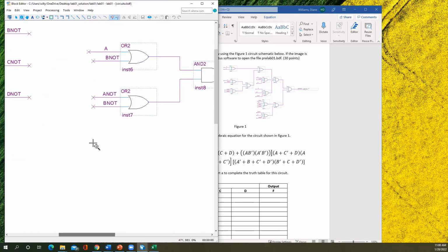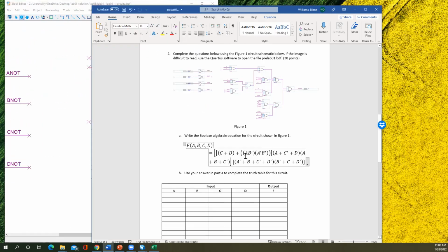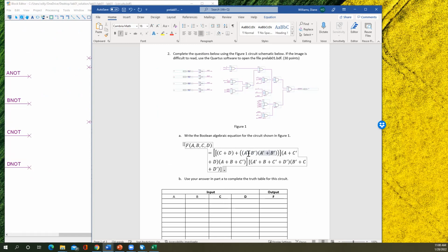Correct. These were OR gates. Yep. Thank you. Throw the whole thing off. All right. You are correct. Thank you very much. That should be ORed with that.